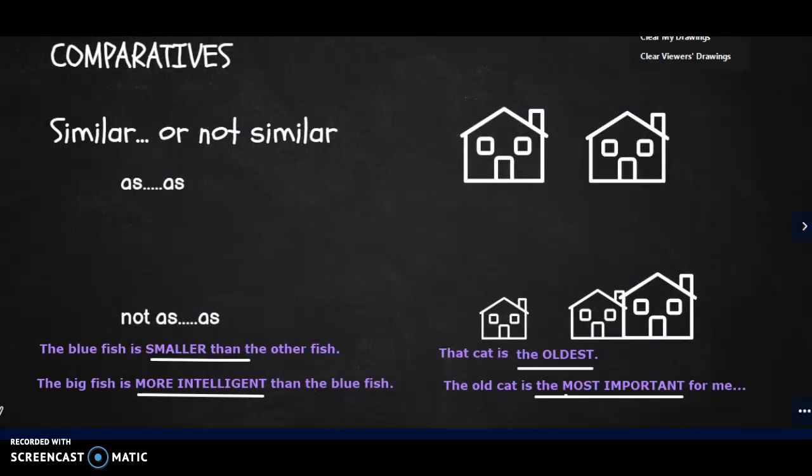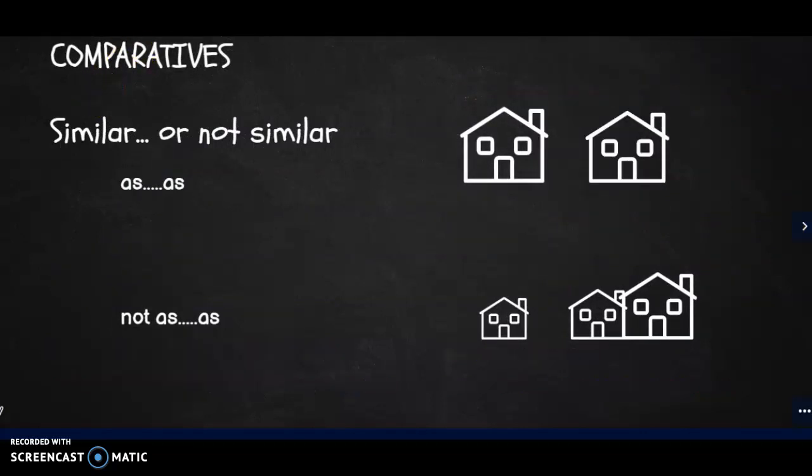Okay, first of all, when we are going to describe a comparative, we can also say that something is similar or is not similar. For example, take a look at these two houses, right? They can be row houses. So, let's make an example.